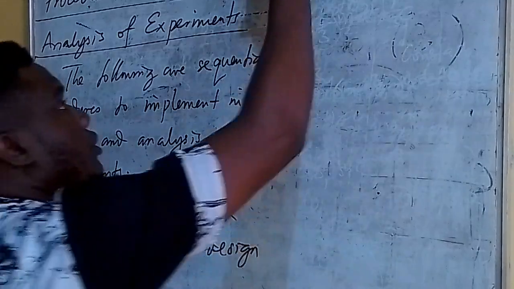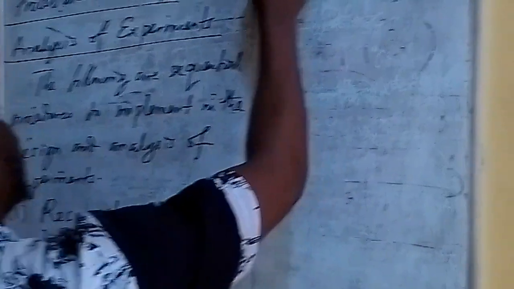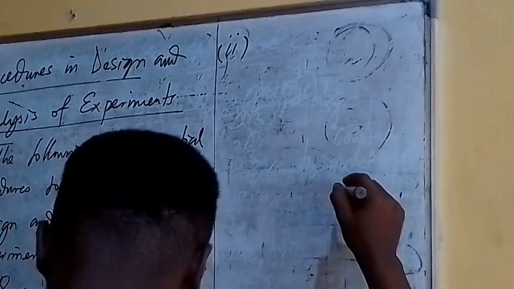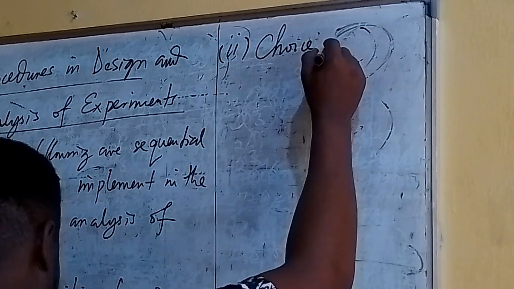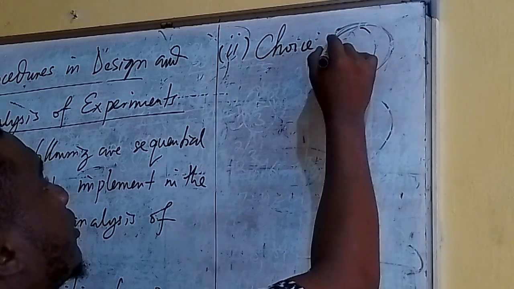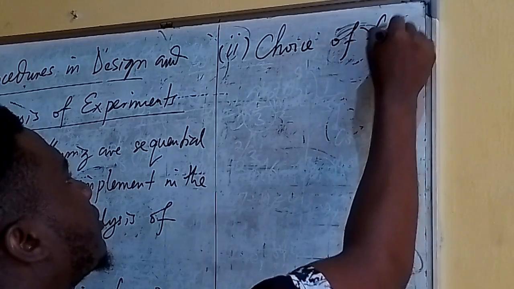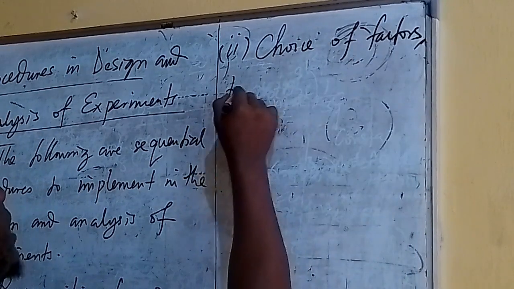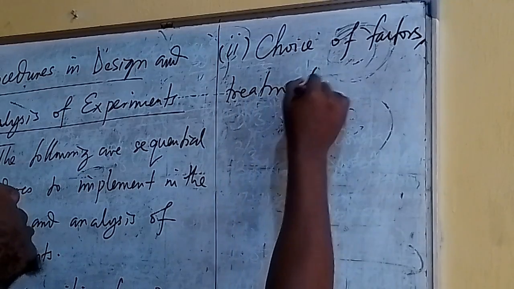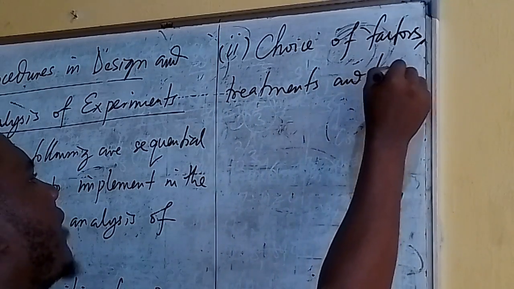That's number 1. Number 2, once that is done, you have to now make good choice of your factors and levels. Choice of factors, treatments, and what? And levels.